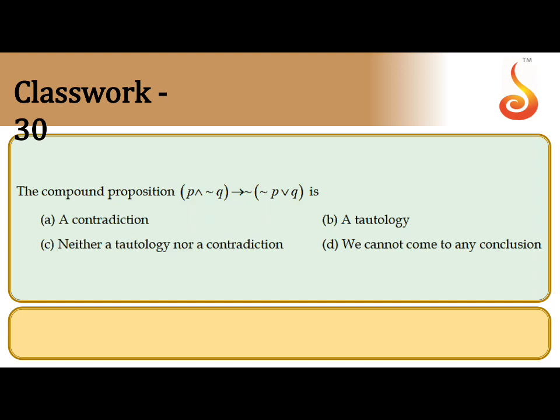30th. Composite proposition: P and negation of Q implies negation of P and Q. For this one you have to take the table. You have to prepare a table for this question. There is no alternate method. This is the question which they are asking.